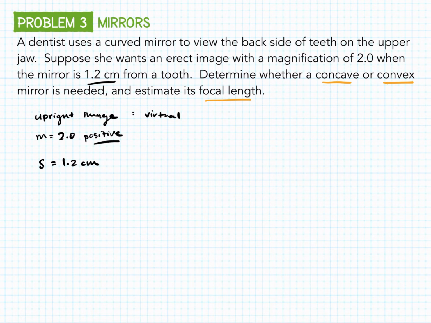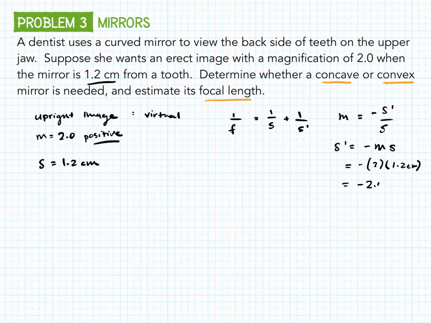Okay, so we can use our thin lens equation, and we also want to use magnification, which is negative S prime over S. So since we know the magnification and we actually know S, we can solve for S prime, and that's going to give us negative M times S. So that's going to be negative 2 times 1.2 centimeters. So we know that our S prime is negative 2.4 centimeters.